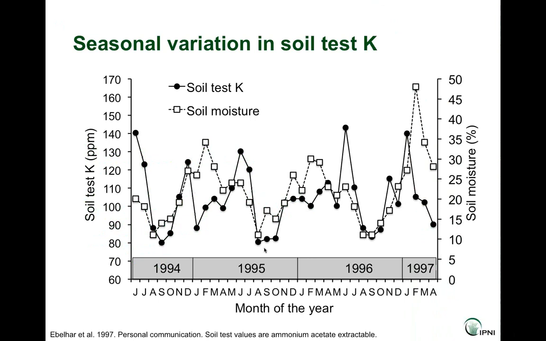Here's a study that was done from Illinois. This is from the U.S. Midwest. And here we are just looking at one soil with no change in management, just sampled intensively over time. And these black circles are the soil test K levels across 1994, 1995, 1996, and 1997, sampled approximately once every month.